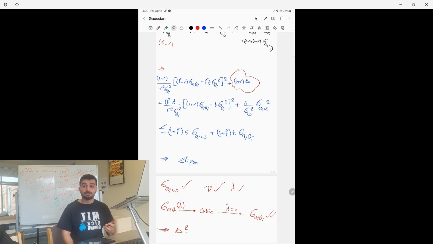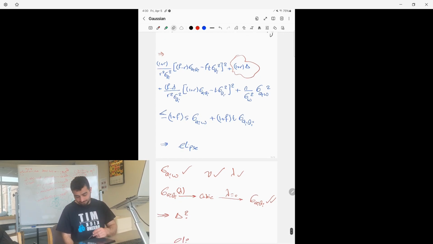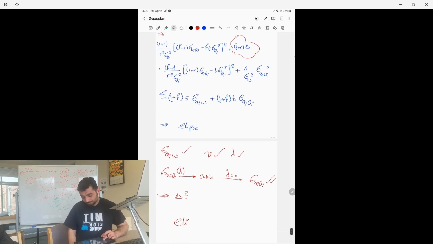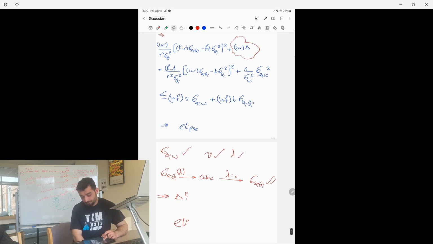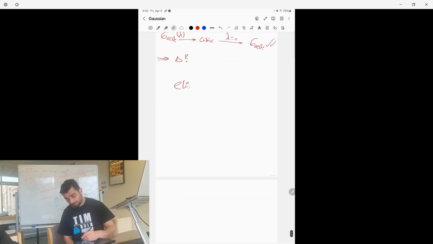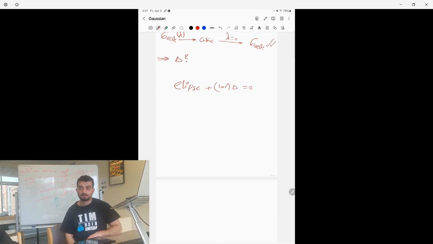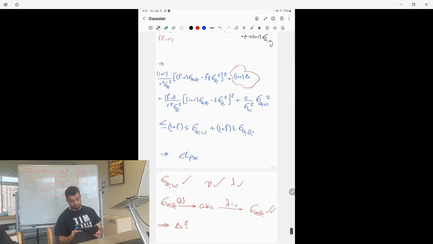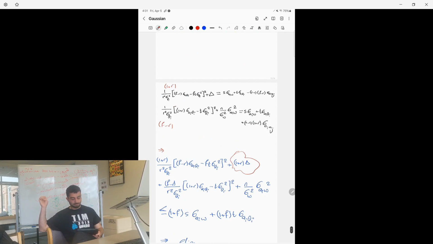I know because you pay attention to the equations. Here it says ellipse. So we are saying ellipse plus 1 plus r delta equals 0, right? Now, is there anything on ellipse about delta? No, it's not.